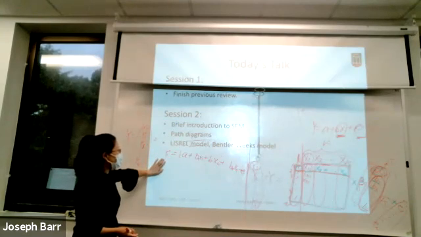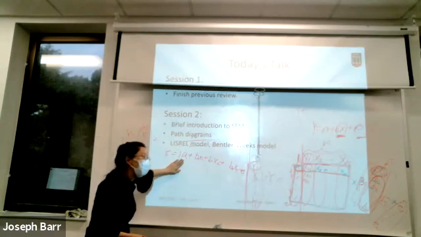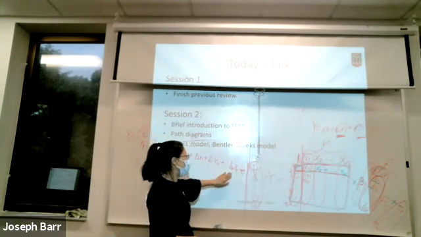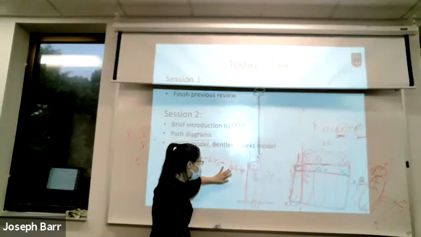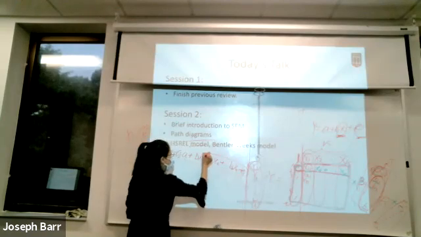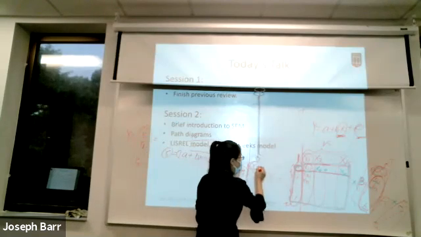So Y1 is a linear combination of the intercept, B1 times X1, B2 times X2, to BK times XK, and E1. This is the first observation of Y.